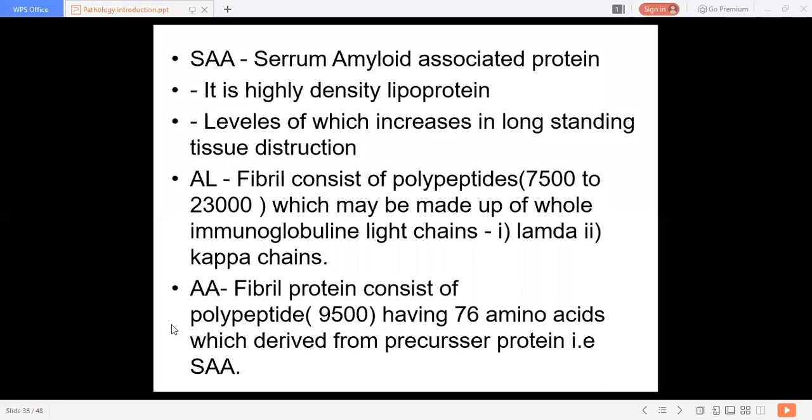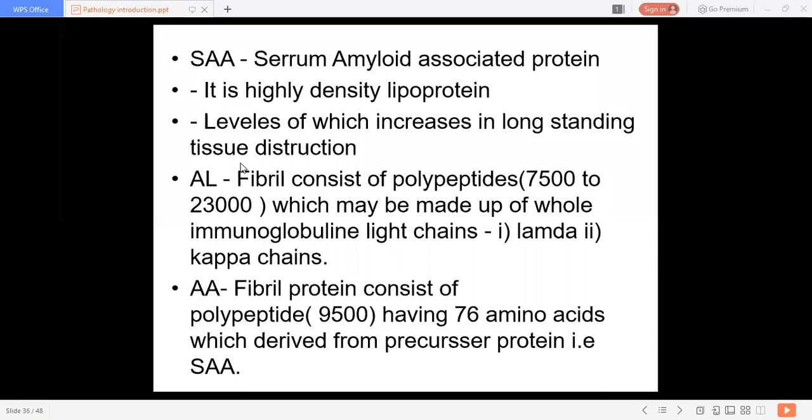These polypeptides have 76 amino acids and are derived from the precursor protein, that is SAA. This AA protein is derived from the precursor protein, serum amyloid associated protein.